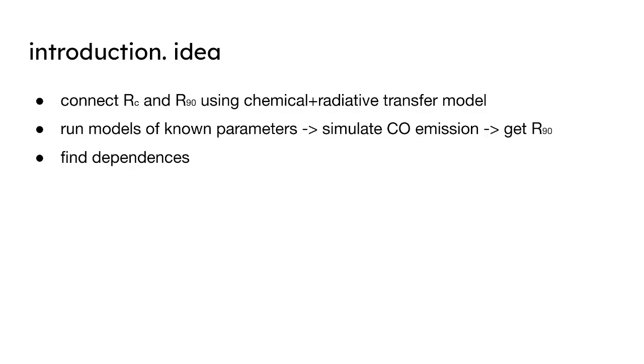So you have a model with input parameters and the R90 that it gives you, so you have both RC and R90, and from that you can try to find some correlations and dependencies and establish the connection between them. That's the idea. Very, very simple.